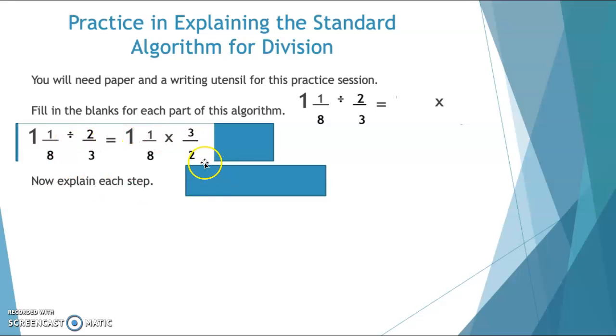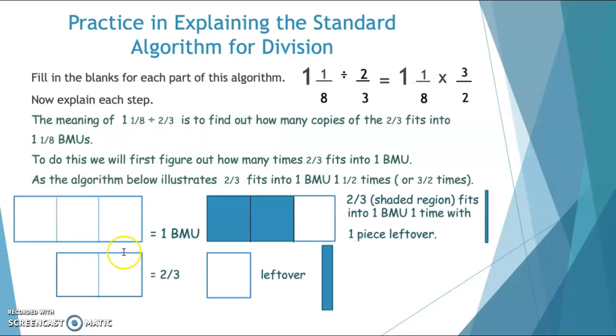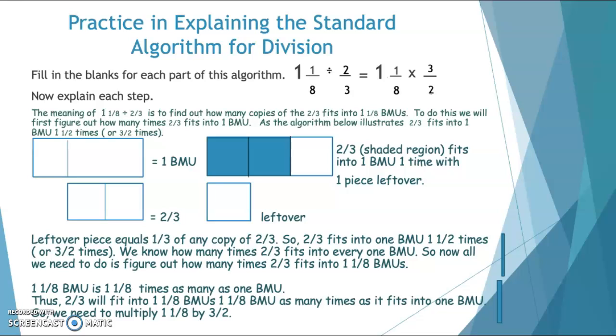So here's the full algorithm. We figured out that 1 basic measuring unit divided by 2/3, we need to find 2/3 of that. There's 1 piece left over. What is that measurement of the leftover piece? 1/3. So the leftover piece is 1/3 of any copy of 2/3.